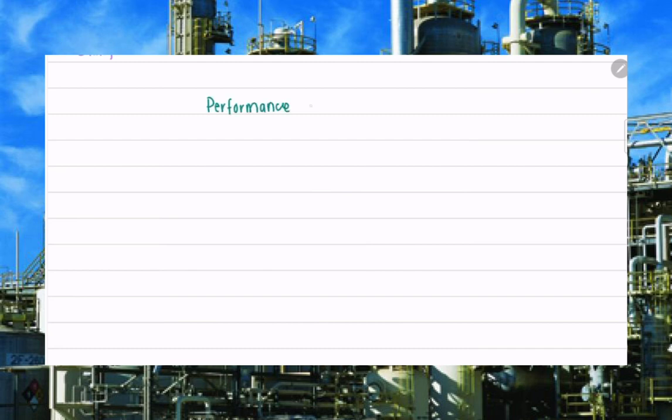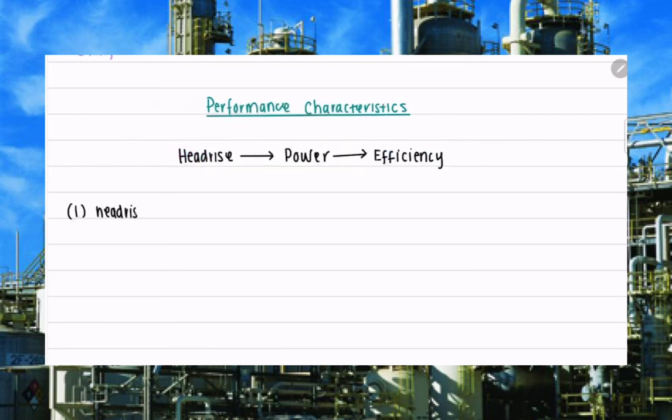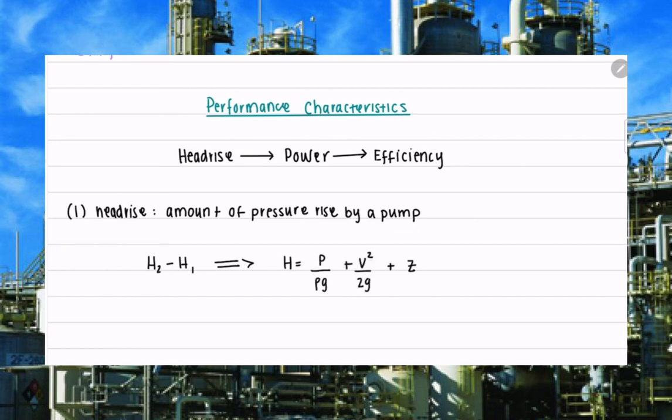Some other important information to know are the characteristics of the pump. When looking at a centrifugal pump, some characteristics we are concerned with are the head rise, power, and efficiency. The head rise, or the amount of possible pressure rise by a pump, is equal to H2 minus H1, where H equals this equation.